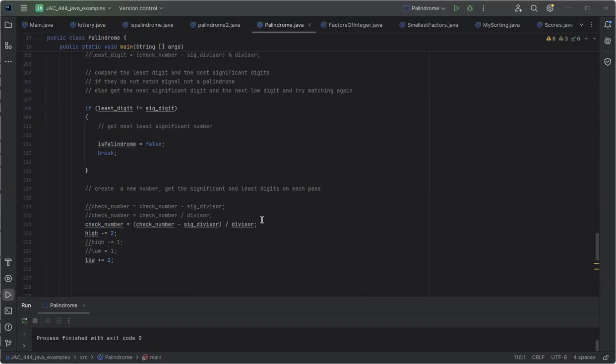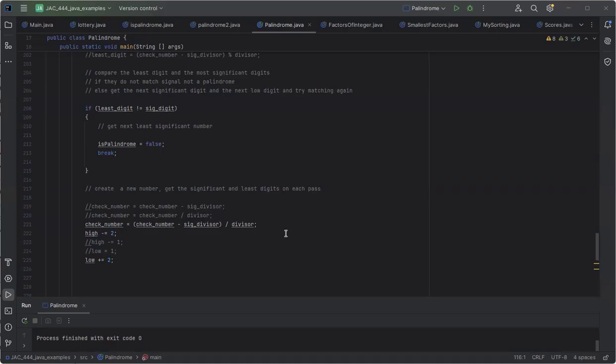And then we divide by this significant divisor to get 87, right? 8 and 87. We decrease the high index in the loop by 2 and increase the low index by 2. So instead of looking at 9 and 6, now we're looking at 8 and 7.